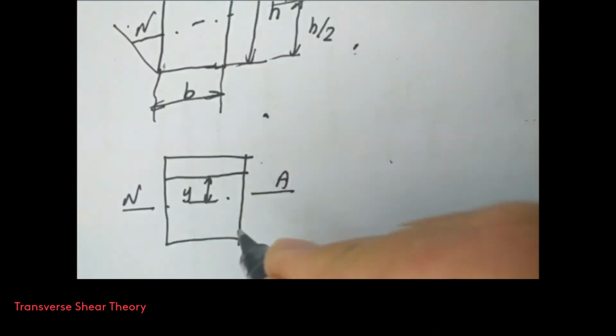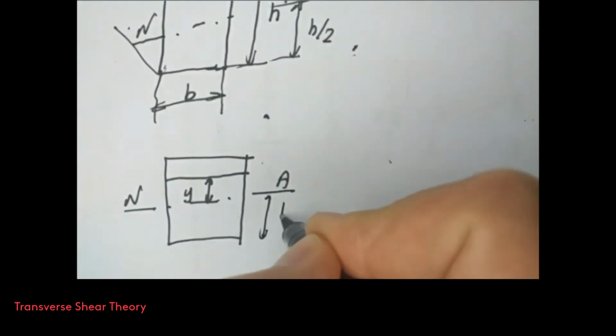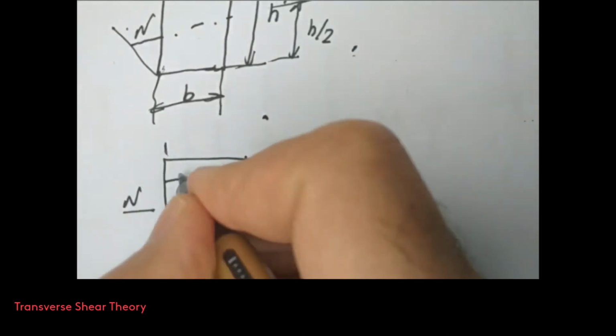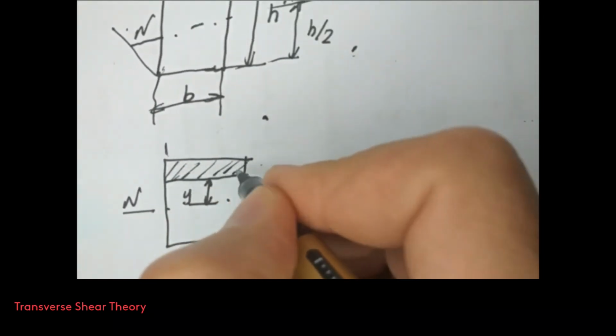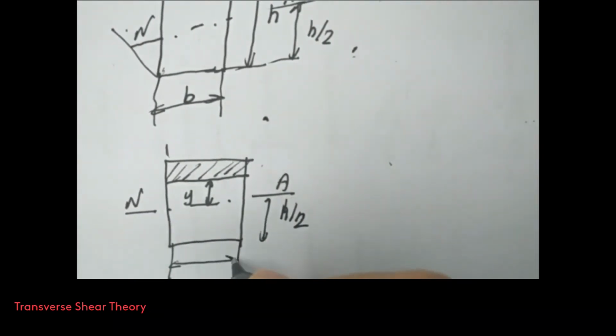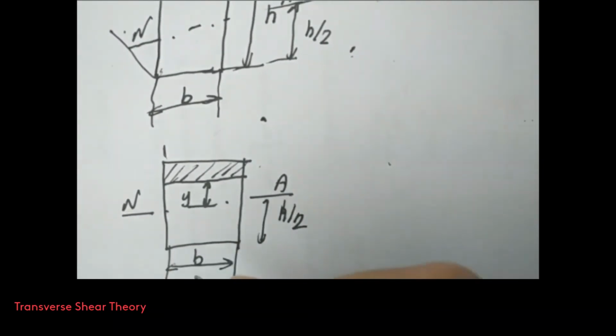So this distance is h over 2. This is our area above the point of interest, and this is b.